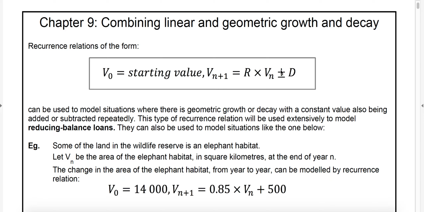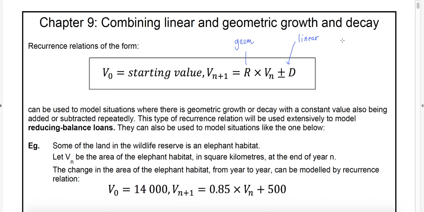Hence why we say it's combining linear and geometric growth, because that R part just here is what we would have done when we were looking at geometric growth and decay. And this component is the linear component. So that's the geometric component, and this is the linear component.